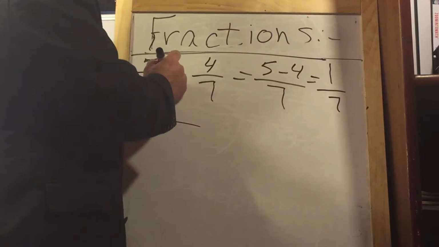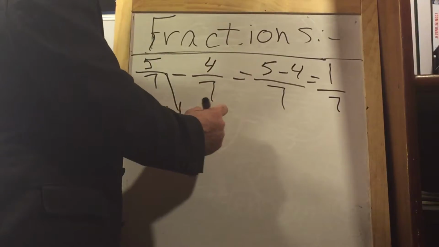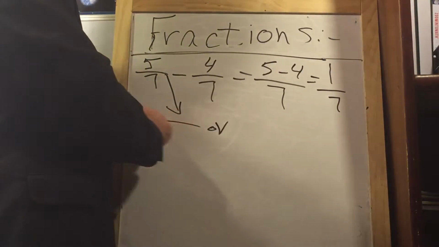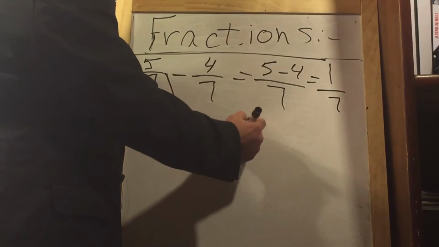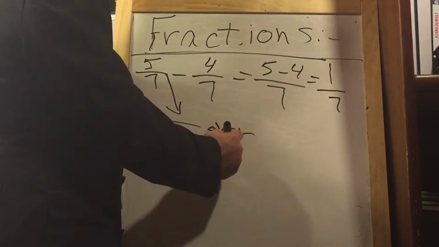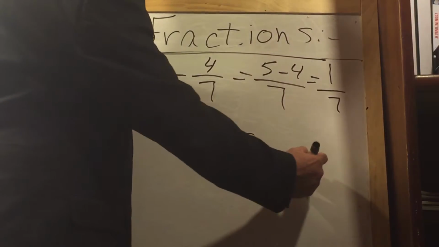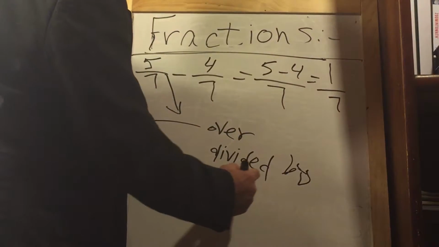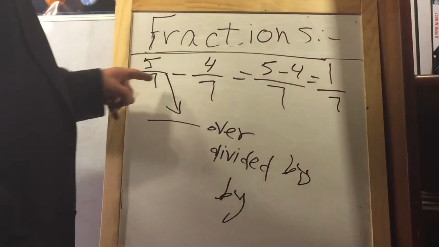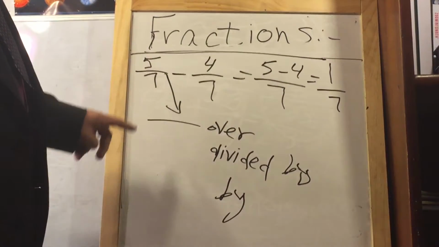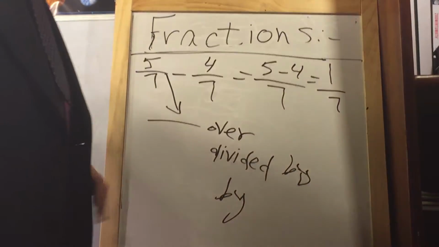When you see this line here, you can call it over, or divided by, or by. You can say by or over or divided by, same thing.